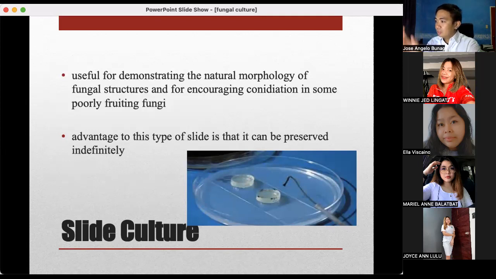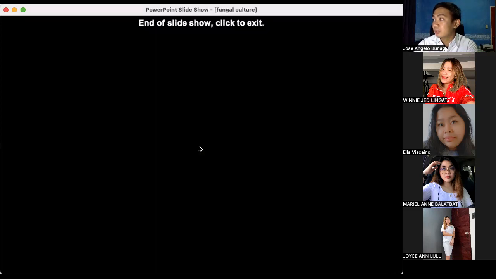And the advantage of your slide culture is that it can be preserved indefinitely, and this is very useful when the slide culture from a known isolate is stored in a collection for future comparison against isolates awaiting identification. So basically, those are the things that I want to share with you for the topics fungal culture and also the specimen collection.